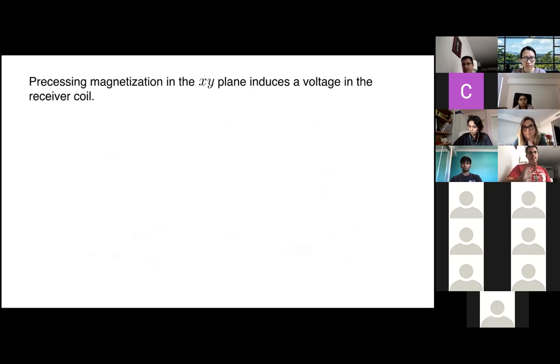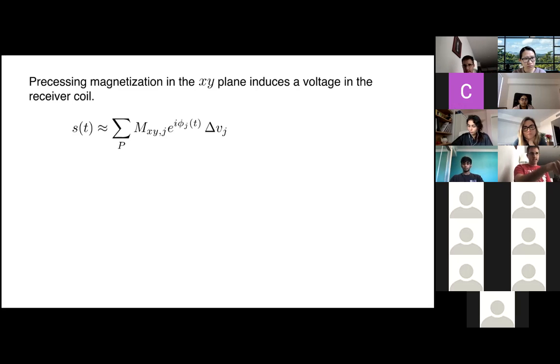Like I said, we've got these little magnets rotating around. Precessing magnetization in the XY plane induces a voltage in the receiver coil. Because they're rotating around and there's a coil nearby, it's going to generate a voltage. That's just fundamental physics. So at location XY, we've got the jth particle, it's got a volume delta Vj, and it's got a phase phi j.